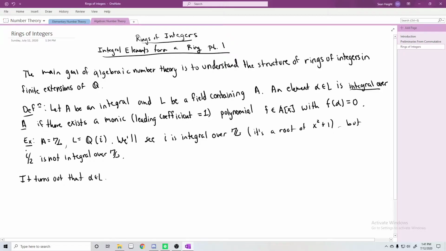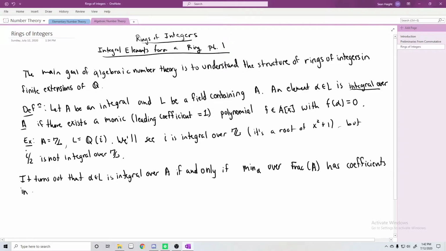that alpha in L is integral over A if and only if the minimal polynomial of alpha over, let's say, the field of fractions of A has coefficients in A. So it's enough to compute the minimal polynomial.